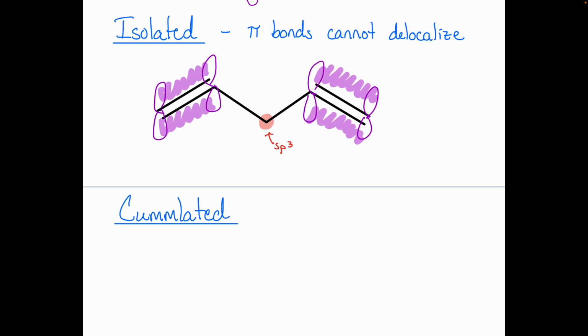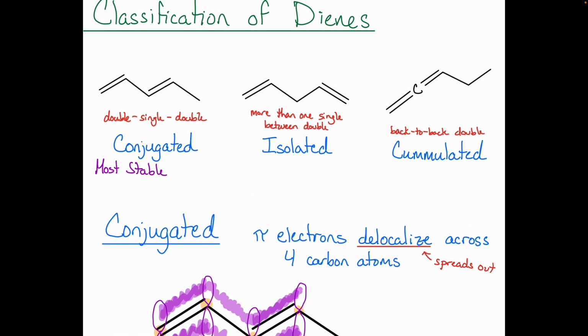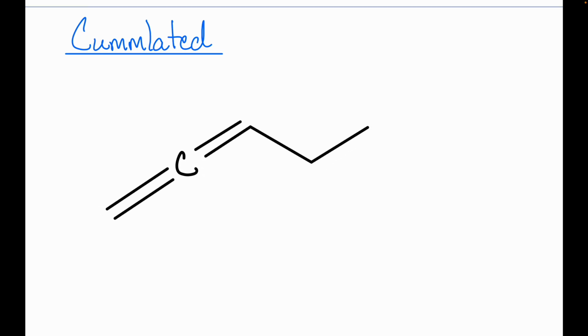And then lastly, in our cumulated dienes here, you might think that because they're located directly next to each other, they would be able to communicate. All right, but it turns out that's not the case, because yes, in one I have my p orbital, and in my other one I also have these overlapping p orbitals. But importantly, that carbon in the middle can't have those p orbitals parallel to one another. So that second set is sitting perpendicular.